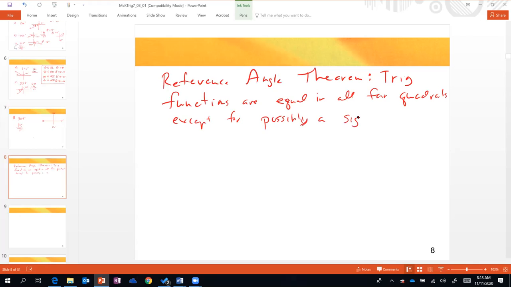And I'll read it back here. So trig functions are equal in all 4 quadrants except for possibly a sign change.